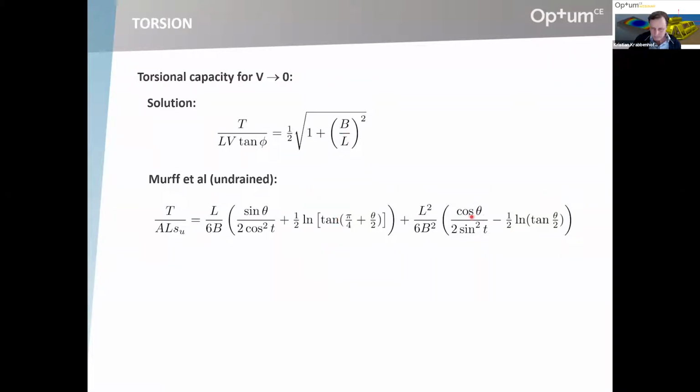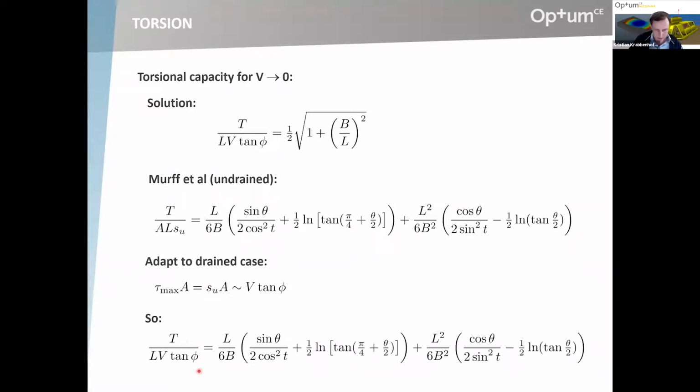This theta here, I forgot to put, that is arctan of B on L. So what you see here is you have some area times Su, which is like the maximum shear force, right? And that you could say is equivalent to the vertical force times the tan of the friction angle. So you can quite easily, and in a, I think, at first glance anyway, very reasonable way, adapt this undrained solution to the drained case. So then it looks like this.